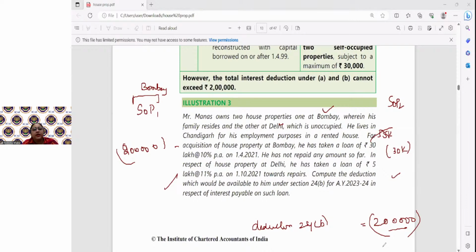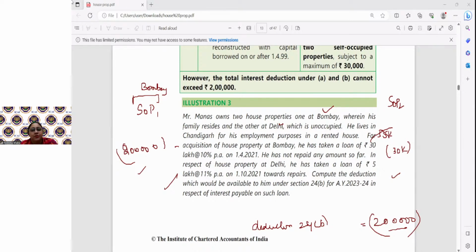जब आप रिटर्न फाइल करोगे, आप उसमें SOP 1 की डिटेल्स डालोगे, वहां पे 2 लाख वो आपको क्लेम करने देगा. ओके, जब आप रिटर्न फाइल करोगे उसमें SOP 2 का डिटेल्स डालोगे, वहां पे भी 30,000 would be allowed to be claimed. But the moment दोनों combined would happen, the maximum interest they will restrict to 2 lakhs, and the maximum loss from house property both combined, which prima facie you will say कि 2 lakhs and 30,000 respective है, would be restricted to 2 lakhs.